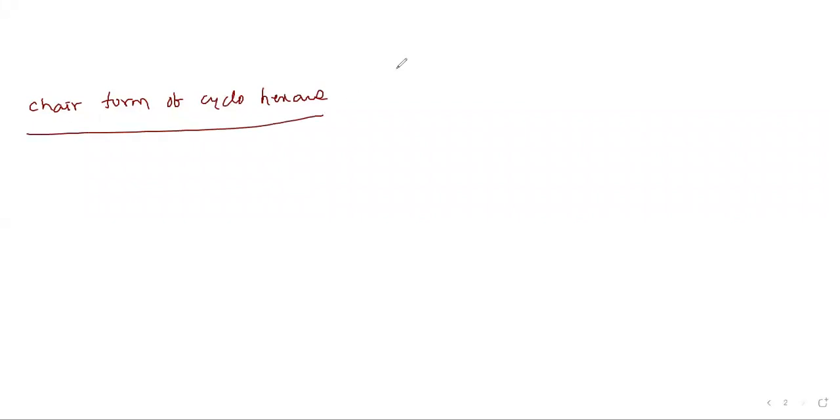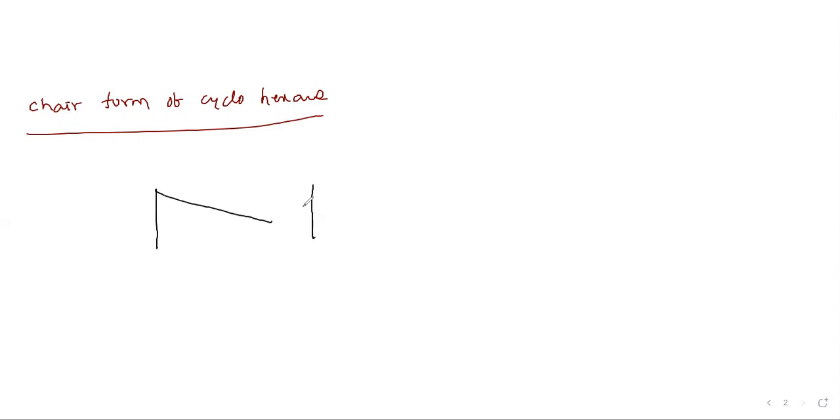I will show which type of isomers is possible, only geometrical. I will show which one is axial, which one is equatorial.